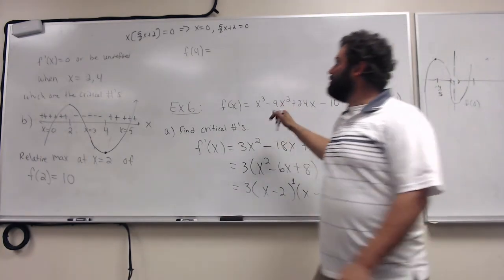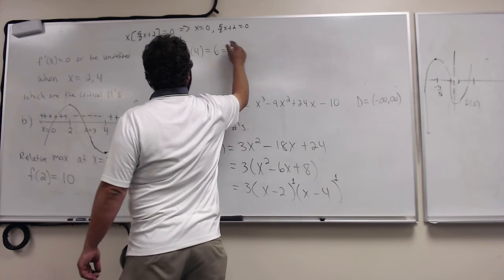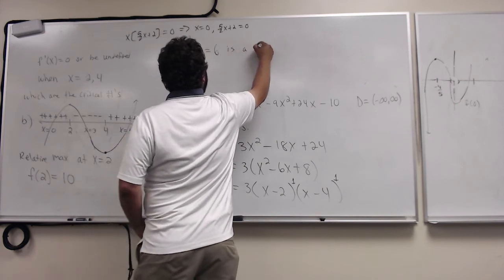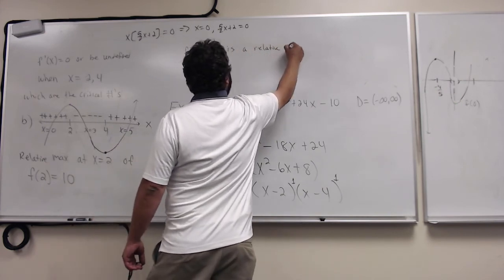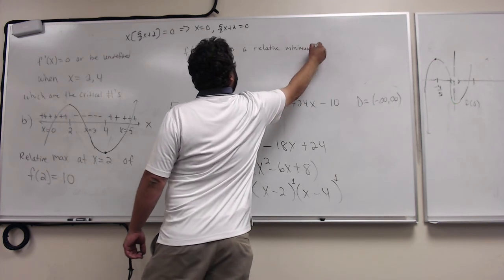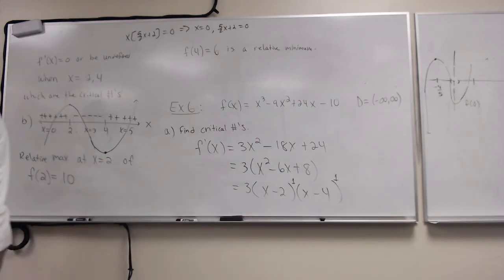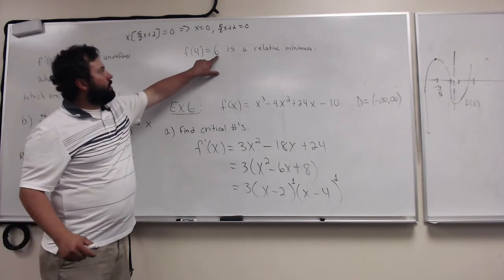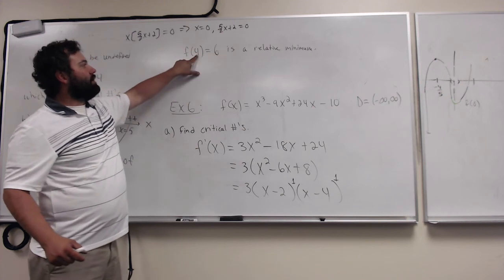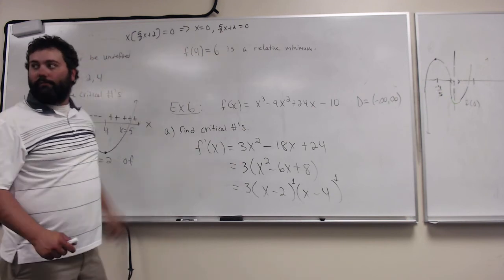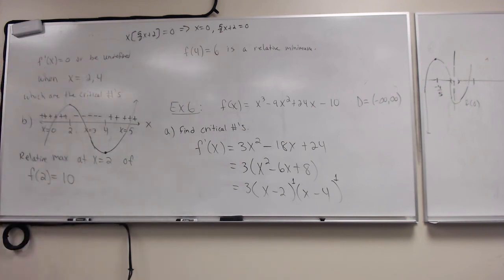You get 6. So f of 4 equals 6 is a relative minimum. The function notation tells you the minimum value and where it happens, right? So 6 is the relative minimum. It happened at the x value of 4.